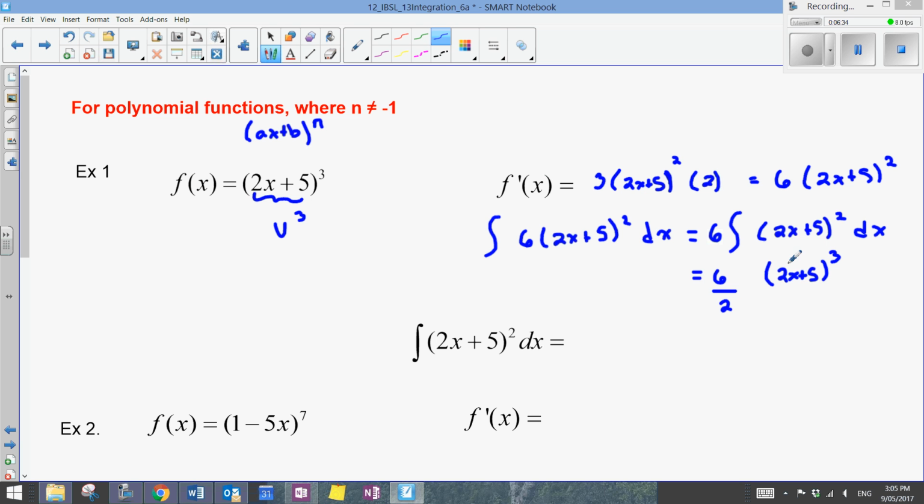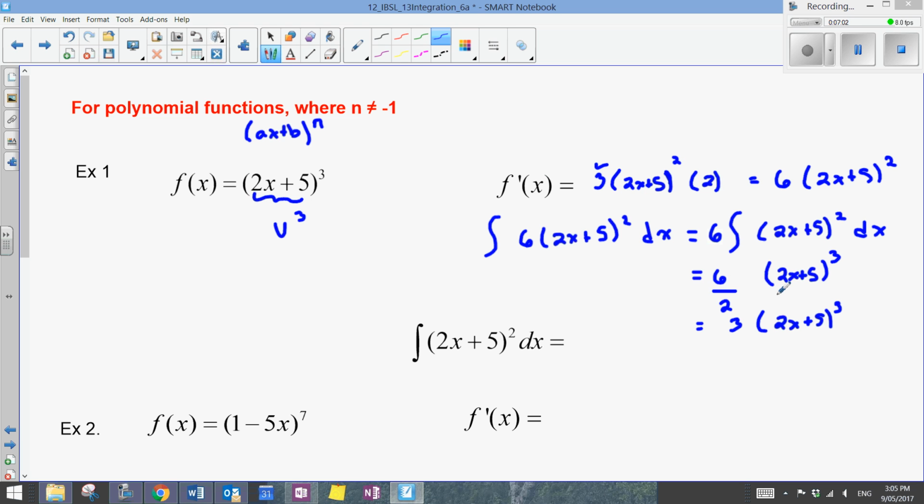Now, notice when we did the derivative, we took this 3 and multiplied it. So that's where we have this extra 3 now, but there wasn't a 3 in my original problem. If I just simplified as is, I would have 3 times 2x plus 5 to the third power, which is close. But where does this extra 3 come from? Remember, we multiplied by this 3 to make the 6.